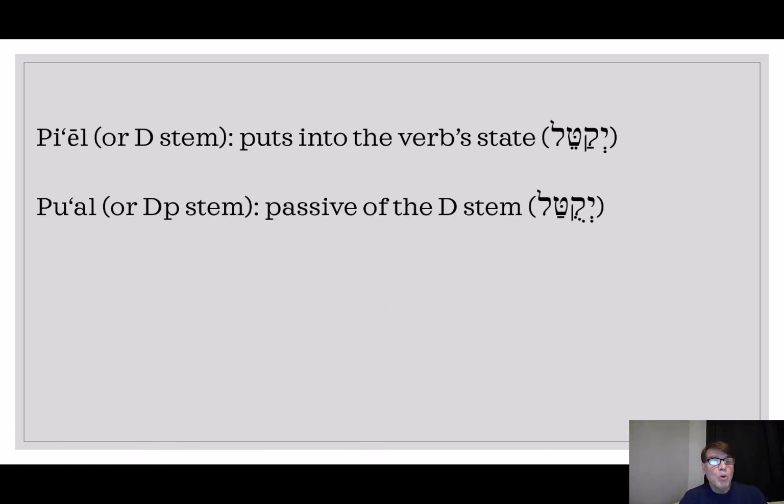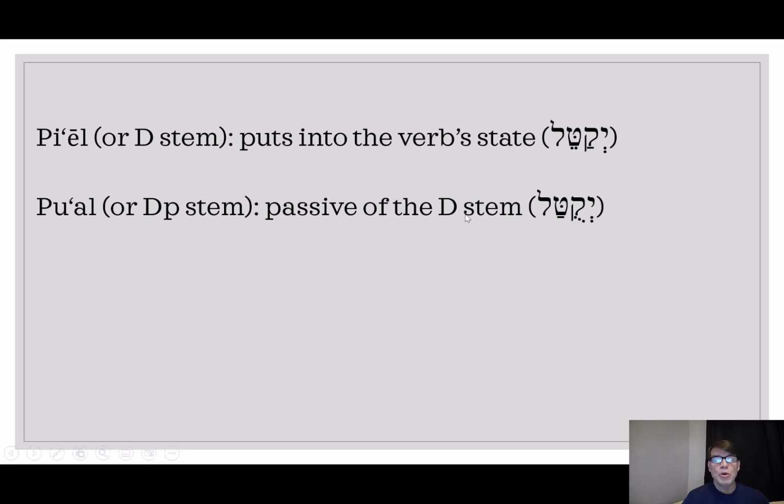Okay, the pual or D passive, DP stem, what does it look like? Well, we've got the U of the pual, right? We got the doubled and we've got the A. Actually, everything's there, right? It's beautiful. We've got the pual, all the vowels of the perfect are there, but it's got a yod at the front, which tells you it's imperfect, third masculine singular, and it's got the telltale shavah under the performative.